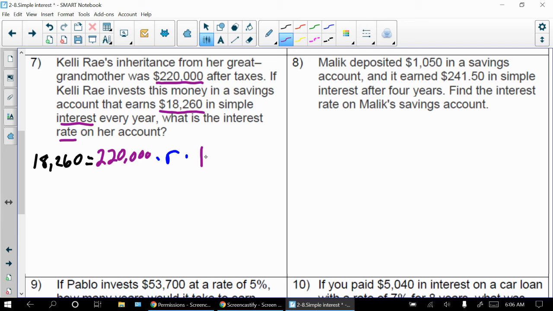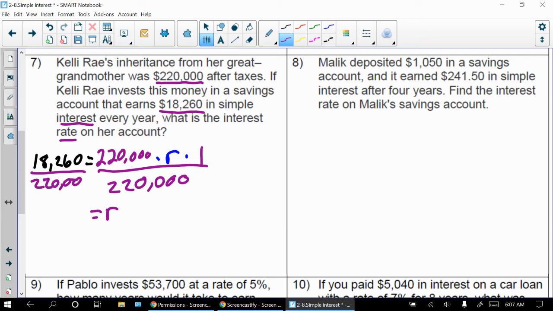So then, because that's a 1, it pretty much is going to cancel each other out. So now we're just going to divide both sides by 220,000. So R equals, oops, I put a decimal.